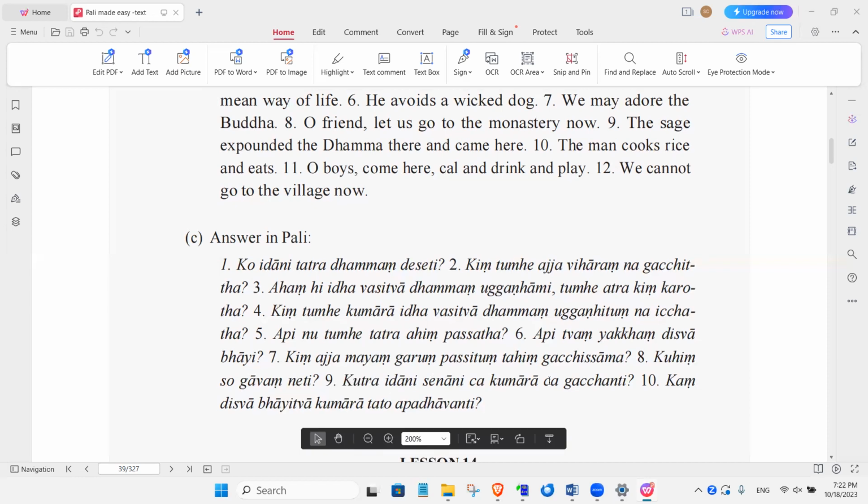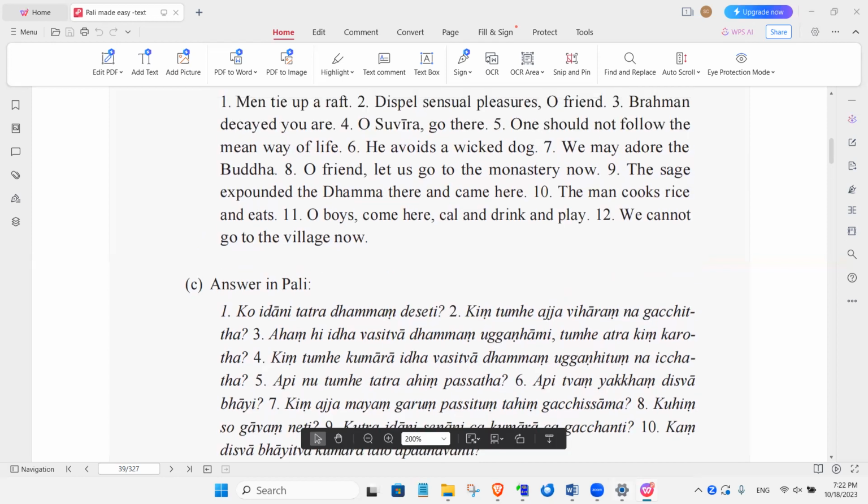Instead of putting kutra, you put the monastery here. So idani senani ca kumara ca viharam, they go to the monastery, gacchanti. All right, so you should answer in Pali, no English. No need to analyze.